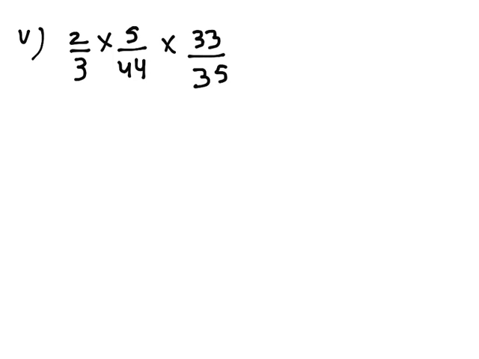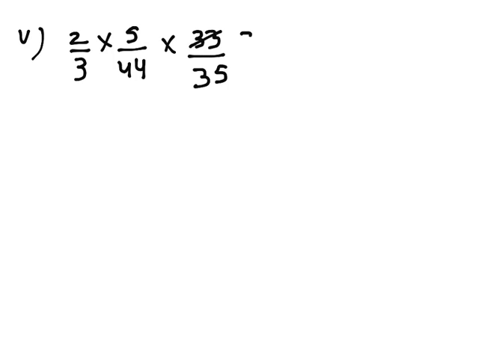Here we have 2 by 3, 5 by 44, and then 33 by 35. So here we have to check which fractions we can change into the simplest form. Clearly here we have 33 and 44, which have 11 as a common factor.